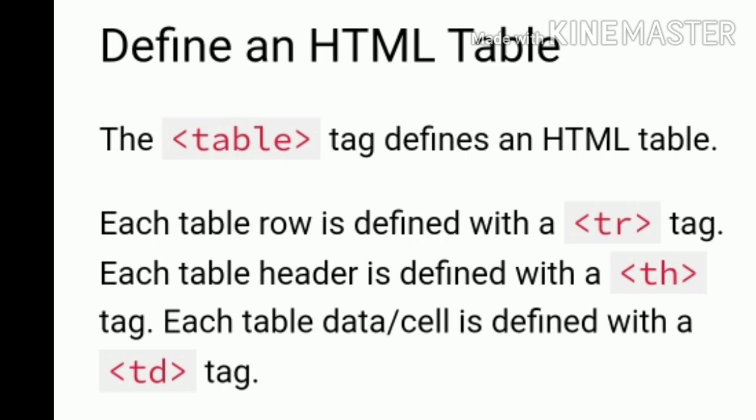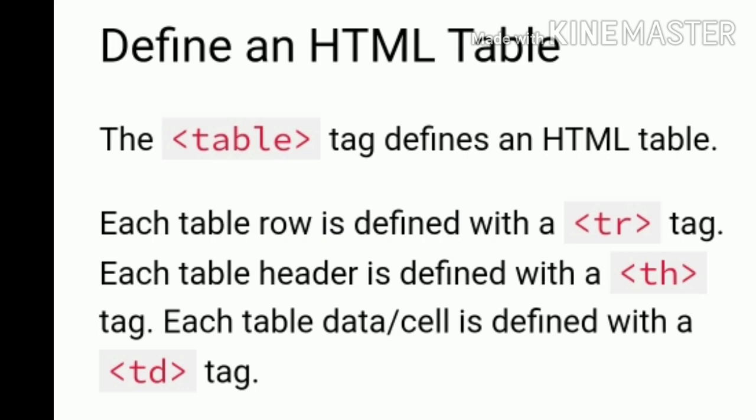You can also give the table a background. You can set a table background using one of the following two ways. With the bgcolor attribute, you can set a background color for the whole table or just for one cell.